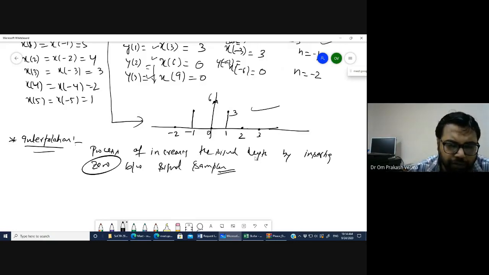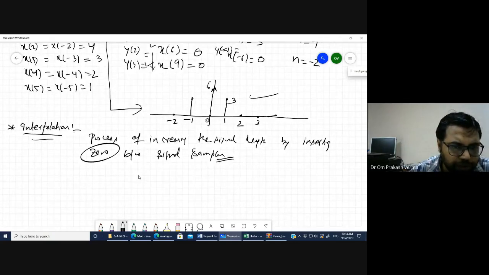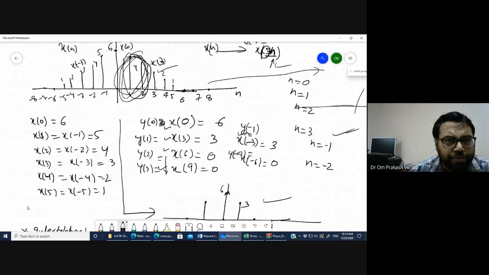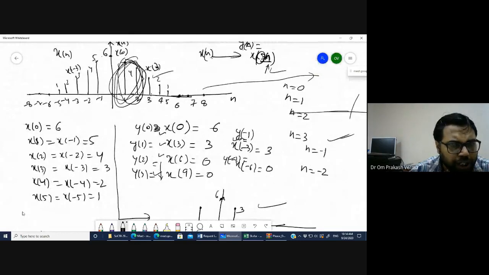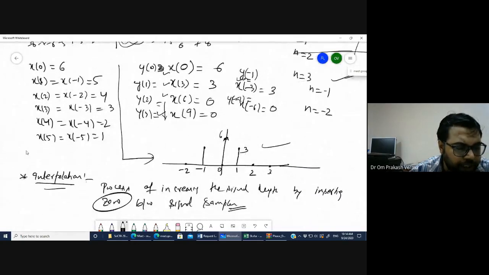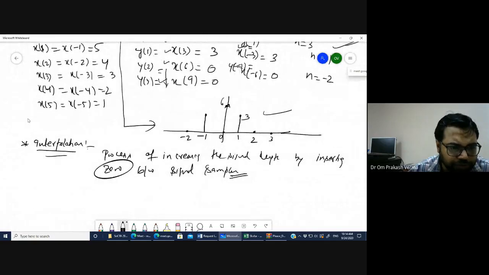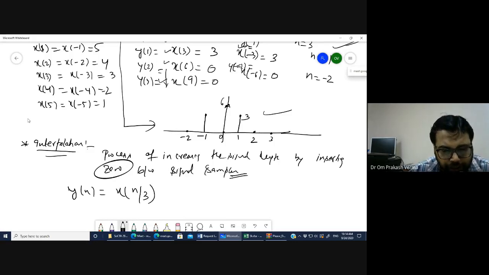Let's see how it will occur with the same example. Let's say this is the example again, x of 0. Now the question I am taking is y of n equals x of n by 3.